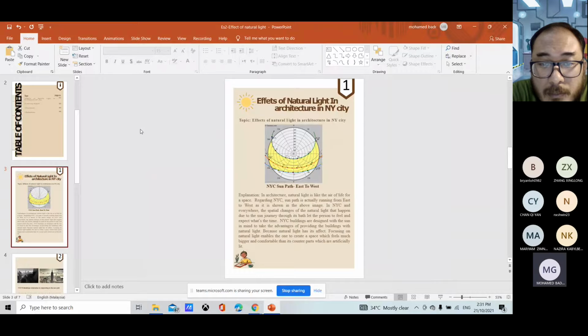New York City buildings are designed with the sun in mind to take advantage of natural light, because natural light has its effect, and focusing on natural light enables one to create a space which feels much bigger and more comfortable than its parts which are artificially lit.